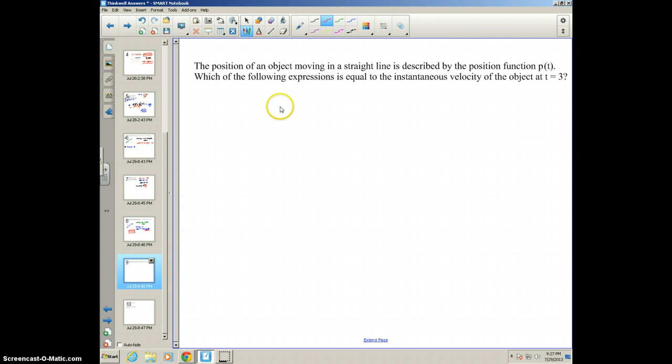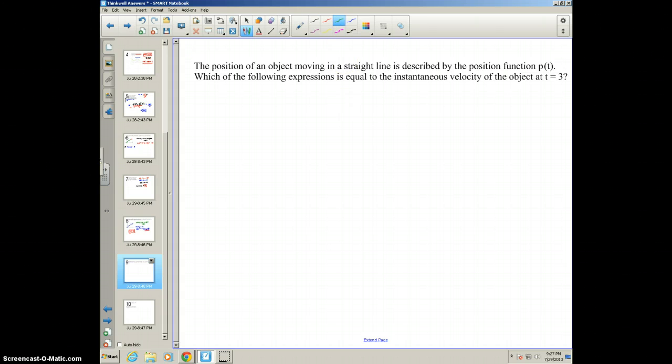The position of an object moving in a straight line is described by the position function p(t). Which of the following expressions is equal to the instantaneous velocity of the object at t equals 3? In order to understand this problem, we'll be approaching limits.